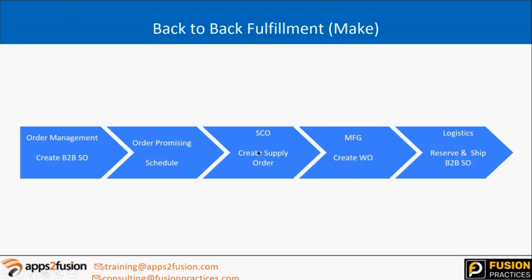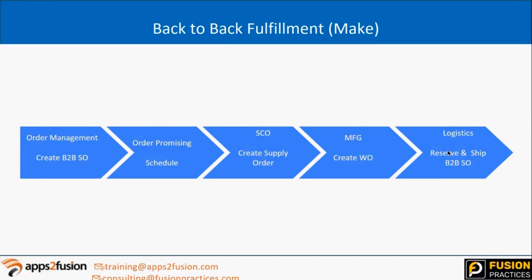So what happens is when this supply order is created, like supply chain orchestration creates the work order, at first this work order is reserved for the demand of our sales order. And once this work order is completed and you have the material in your inventory, the reservation is transferred from the work order to the on hand. This is the very interesting switch, and it all happens seamlessly. There's no manual intervention here.